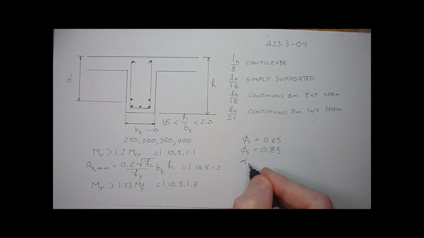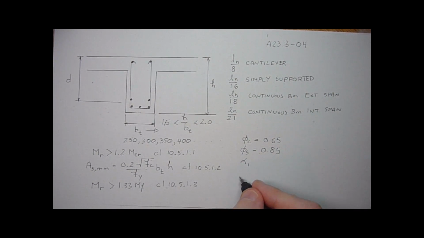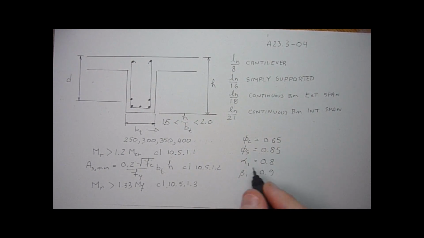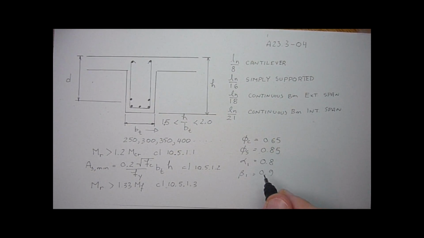And the stress block factors, alpha 1 and beta 1, we'll be getting more involved in these when we actually design, but we'll always use 0.8 and 0.9. They're actually, strictly speaking, a function of f'c, but no one would fault you for simplifying it down to these two values.